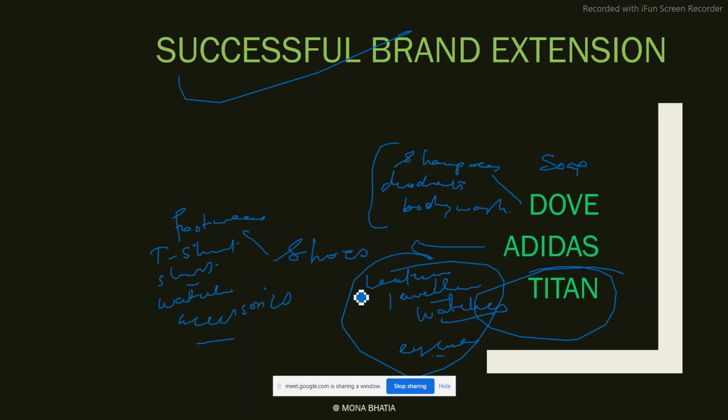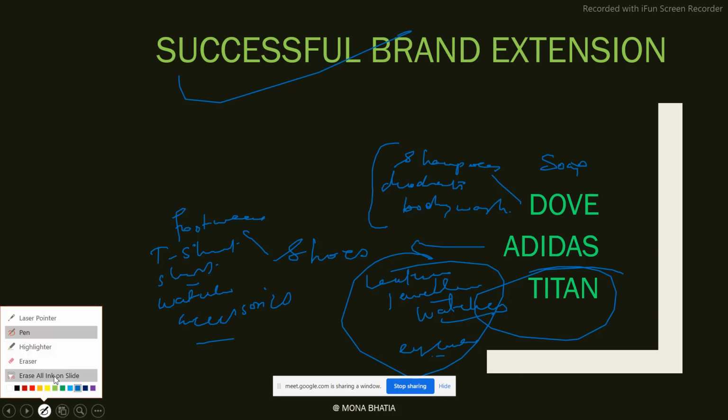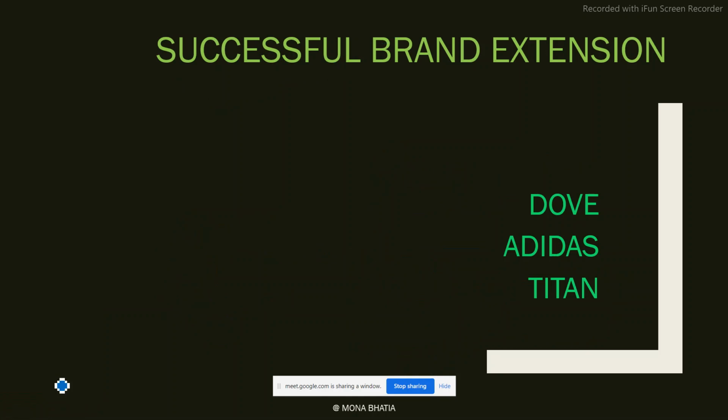Okay, now let me talk about, sorry, I'll have to write here only because I'll erase everything from the screen. And strategies of brand extension. First you have to shift the form.